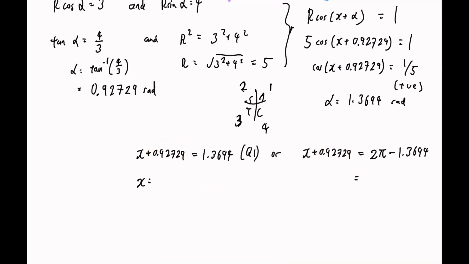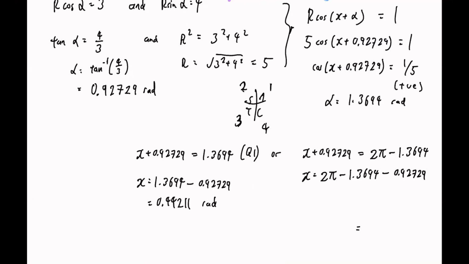So I'll just do it. x equals 1.3694 minus 0.92729. Type in the calculator, what do I get? It's 0.44211 radians. Next one will be x equals 2 pi minus 1.3694 minus 0.92729.